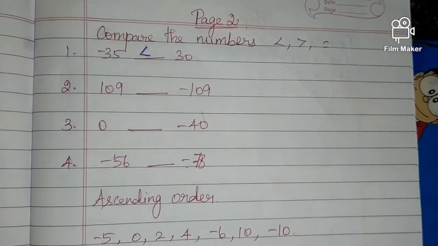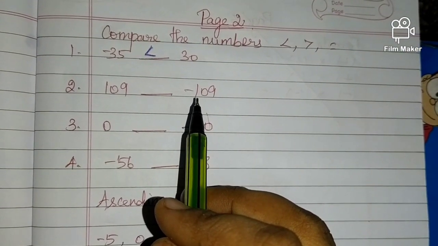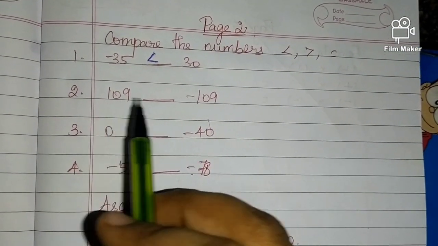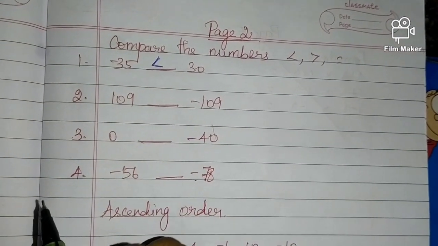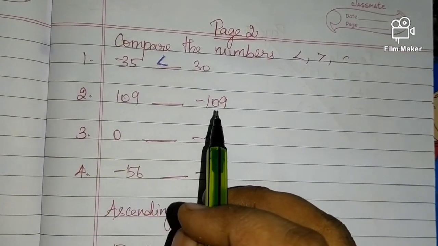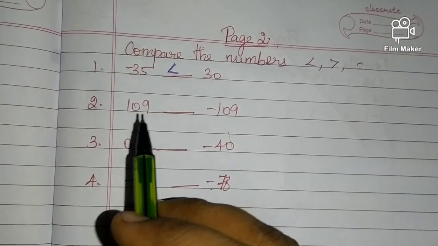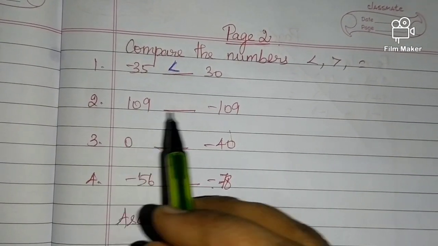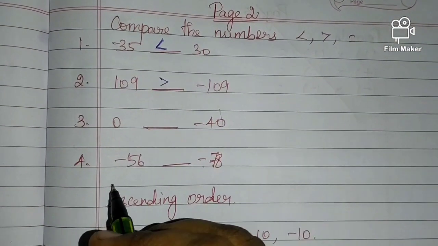Are you clear? Next, 109 and minus 109. Don't think both numbers are the same and give the equal to symbol. That is wrong. Here is positive 109, here minus 109. All positive numbers are greater than negative numbers.